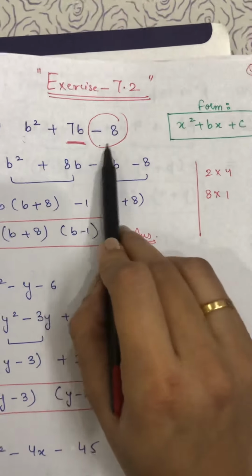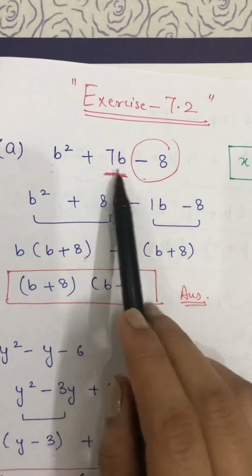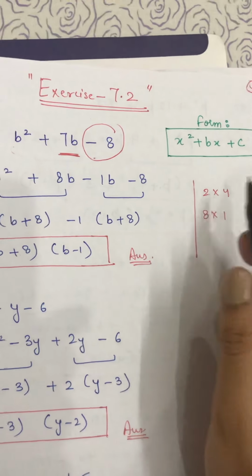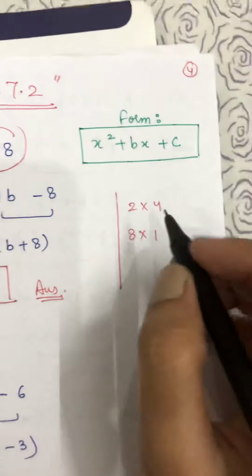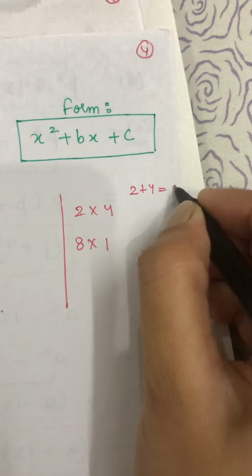You always have to make factors of the last term and then check them against your middle term. You have to add or subtract these two factors, and your answer must be equal to the middle term. If I add 2 plus 4, the answer is 6.